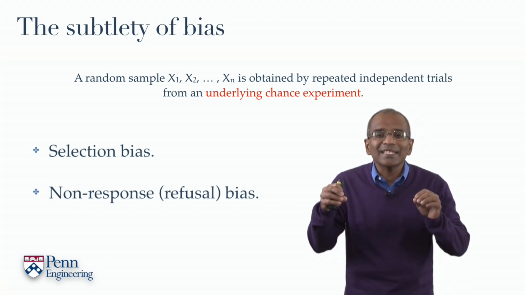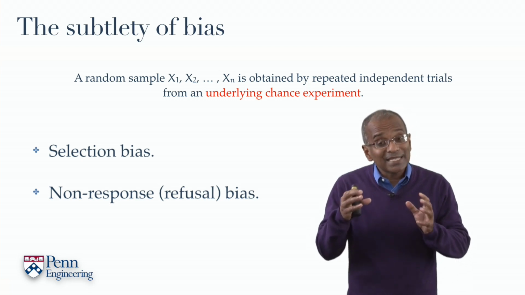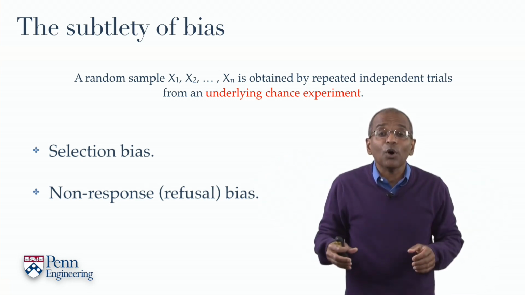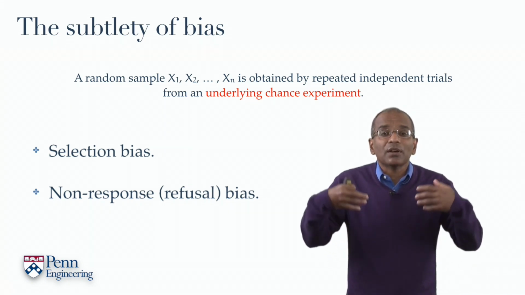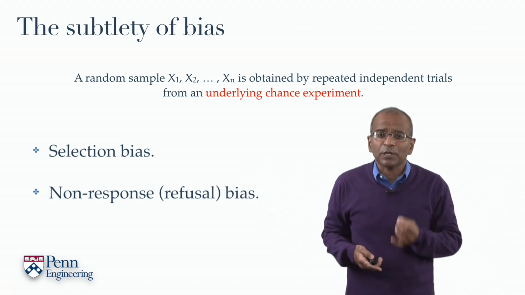In other words, this is a coalition of the willing. To the extent that that subgroup is representative of the entire population or not, you'll find that the sample is representative of the whole population or not. And this is very, very difficult to combat.